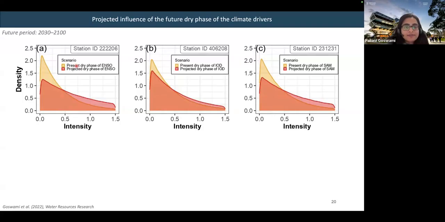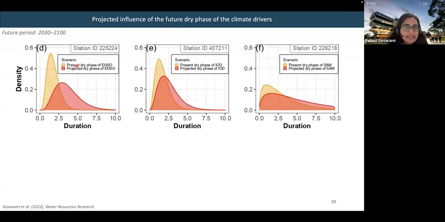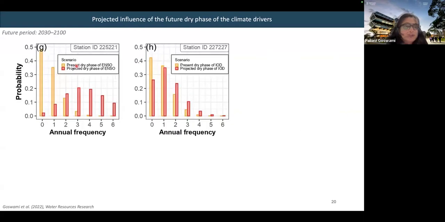And as you can see, for intensity, we're again shifting towards the right, which means the future dry phases would be leading to more intense hydrological droughts. More prolonged hydrological droughts. As you can see, the durations are much higher for the orange curve. And then also for frequency.